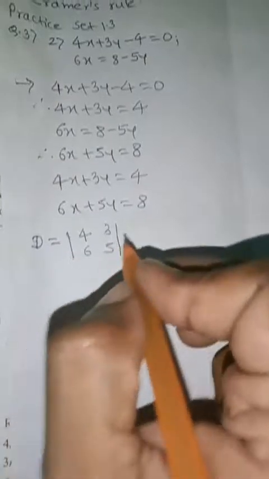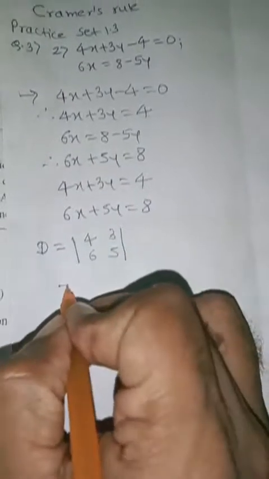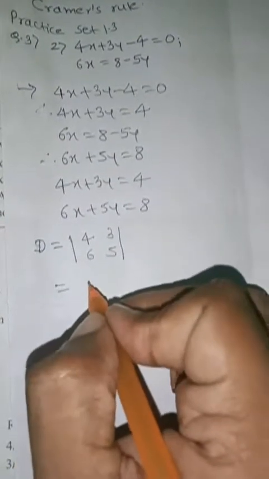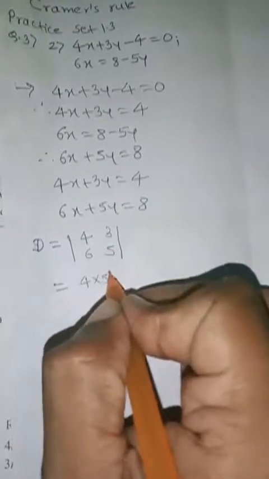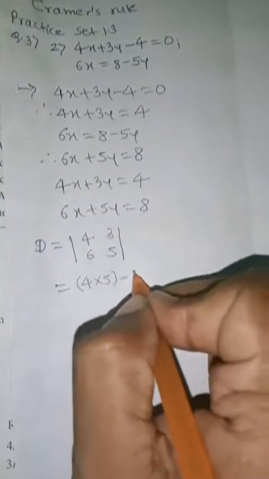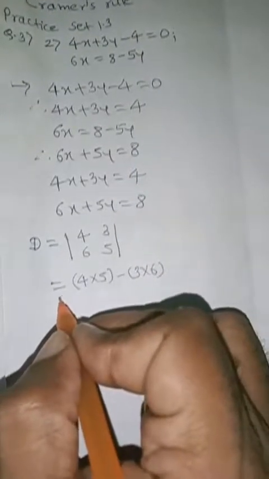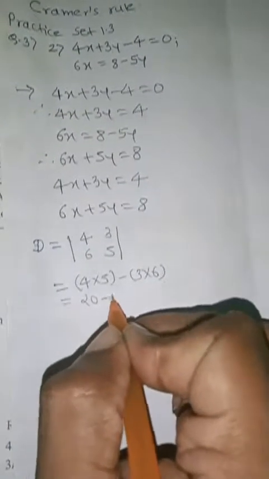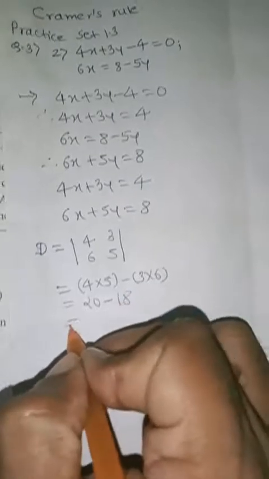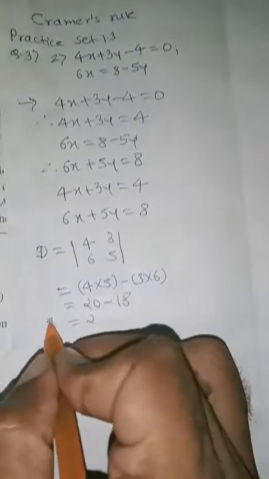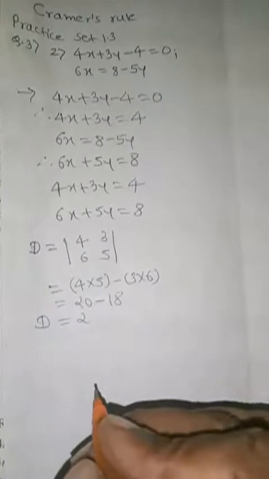Find the value of this determinant. This is equal to 4 into 5 minus 3 into 6. 4 into 5 is 20, minus 3 into 6 is 18. This is equal to 2. This D is equal to 2.